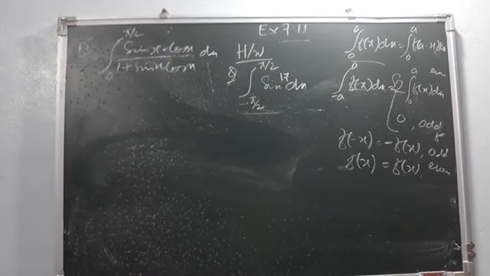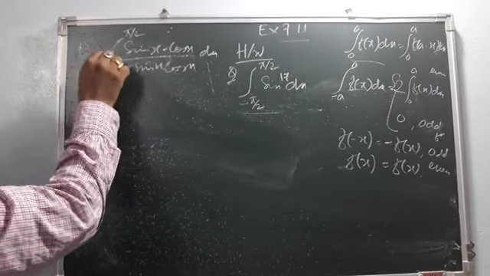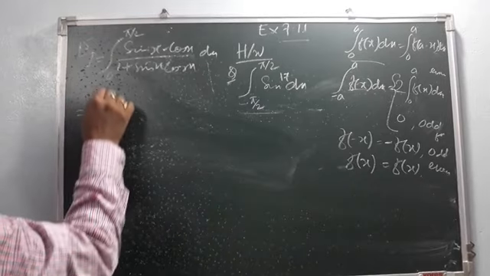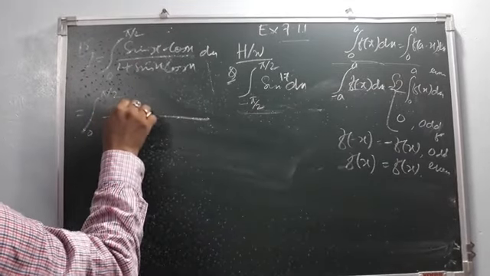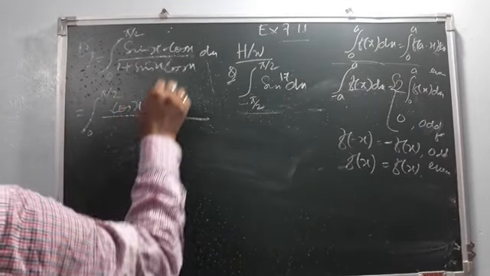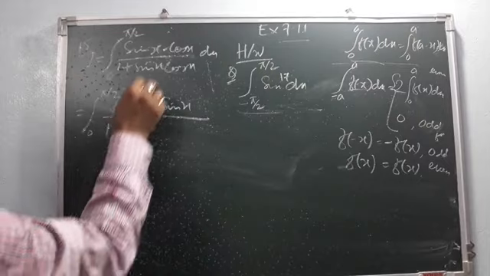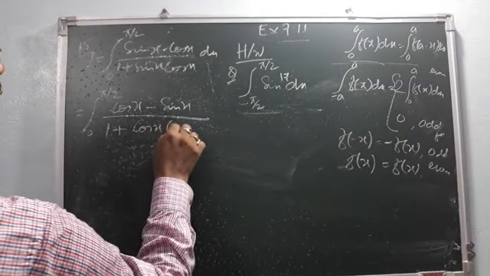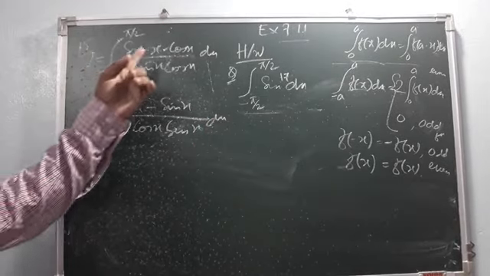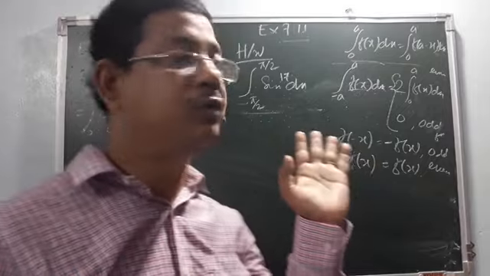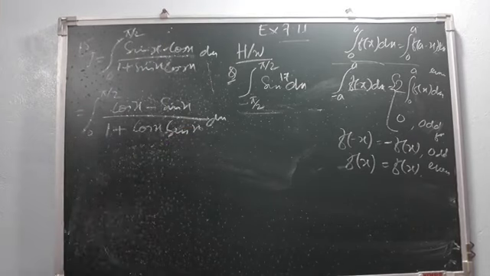Here you see, if we write I equal to this, then this I from 0 to 90, using that formula, we can write sin(90 minus x) is cos x, and cos(90 minus x) is sin x. Which formula? This one, the third property. Every x is replaced by 90 minus x, so sin x turns into cos x and cos x into sin x.